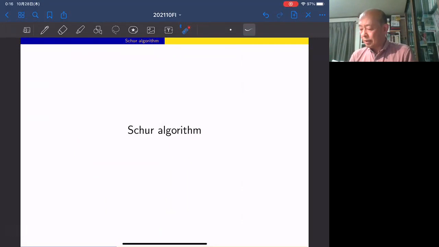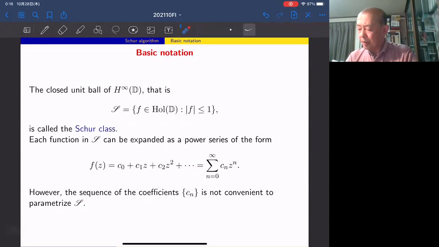So let me proceed to the next section on Schur algorithm. Okay, so let me introduce some basic notations or symbols. Firstly, the closed unit ball of the Hardy class H infinity will be denoted by S, and which is called the Schur class. So the point is that we allow the equality here.